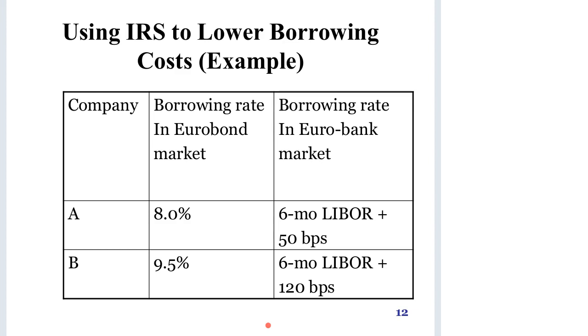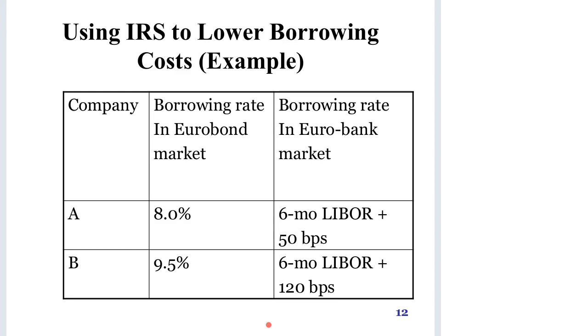So this is what happens. A can borrow at 8%, and this is one of the reasons why swaps exist. A can borrow in the Eurobond market at 8%, and it can borrow in the Eurobank market, another market, for LIBOR. So basically, it can borrow in the fixed rate market at 8%, and in the floating rate market at LIBOR plus 50 basis points.